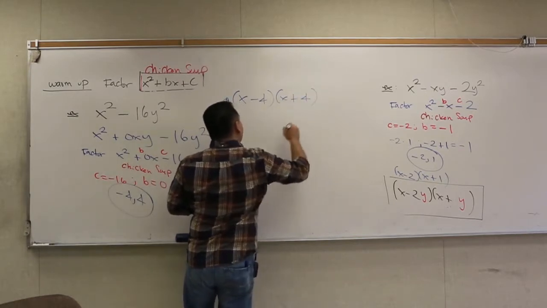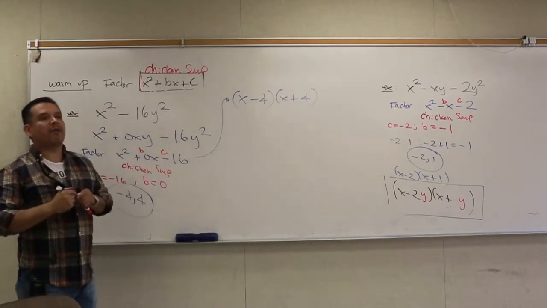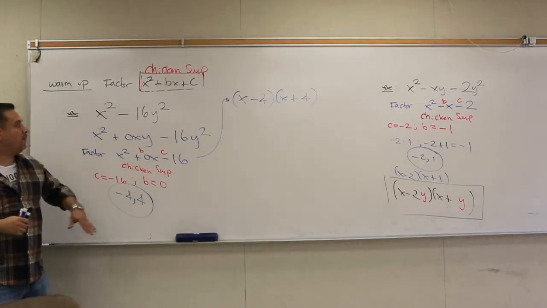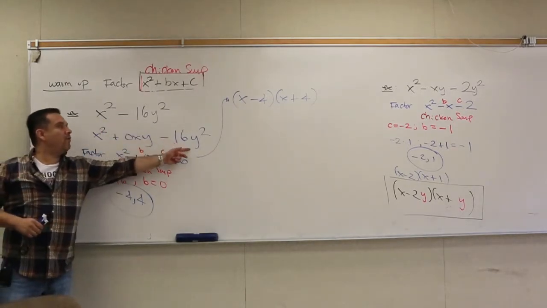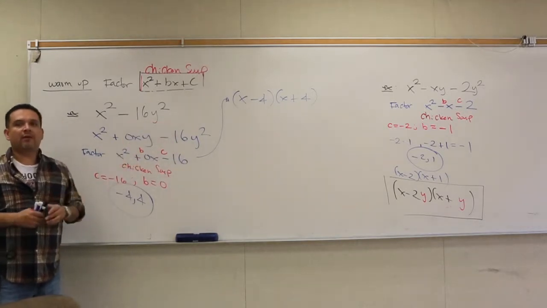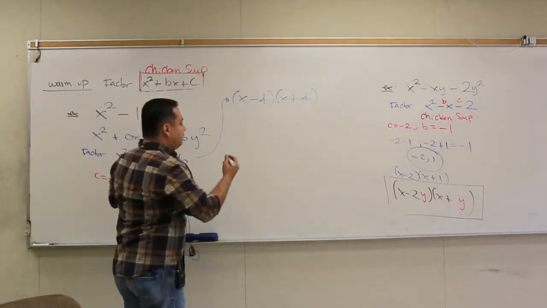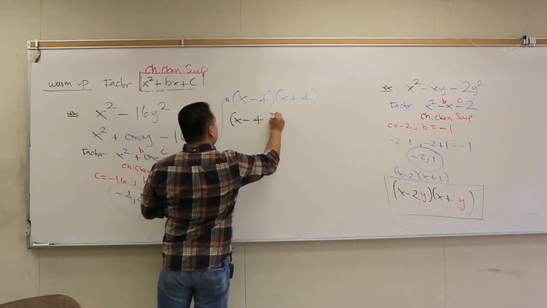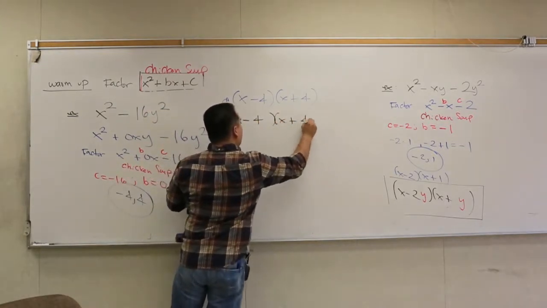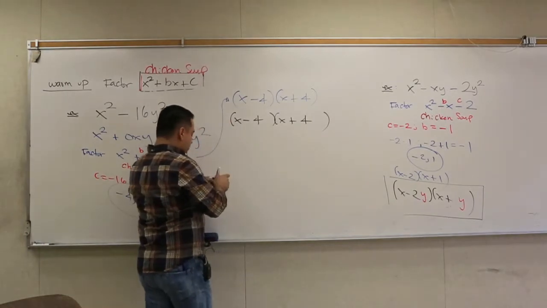But I can't forget that this is not my original problem. My original problem involves my y. Y squared there and y squared. How do you fix it? x minus 4, let's see. x plus 4. What do we infuse here?